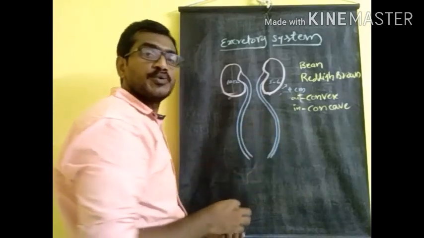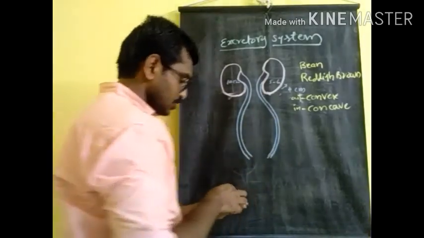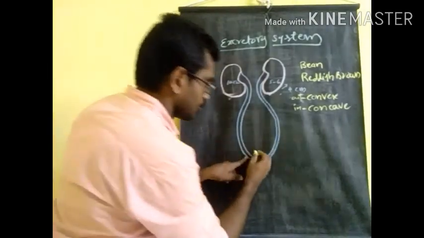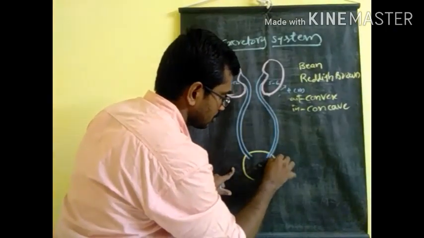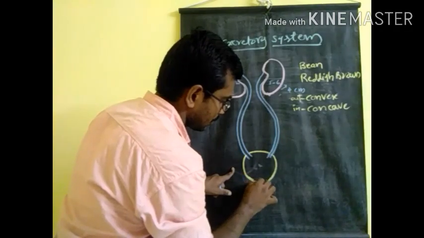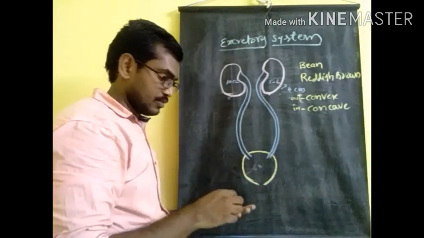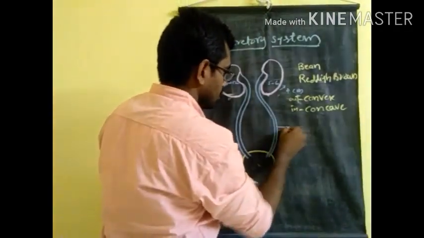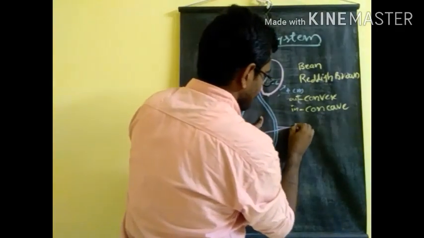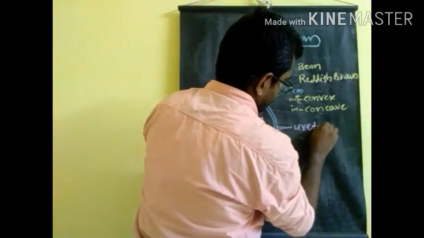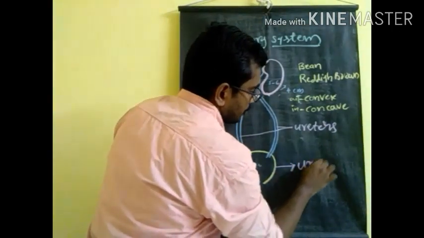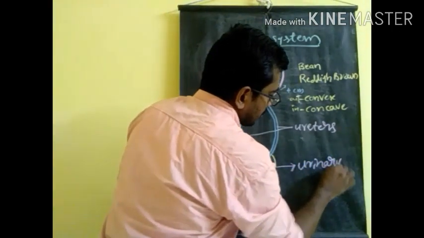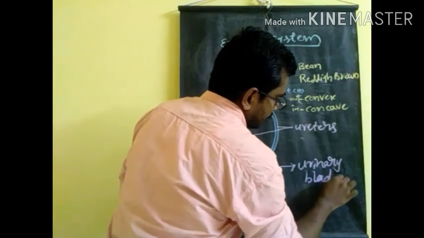Both the ureters open into a sac-like structure called the urinary bladder. These are the ureters and this is the urinary bladder.